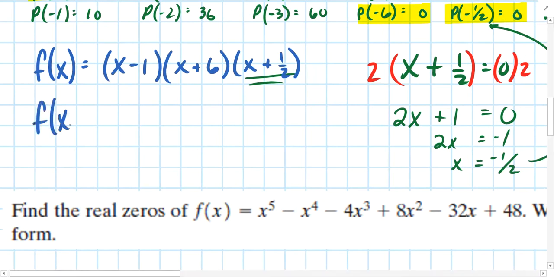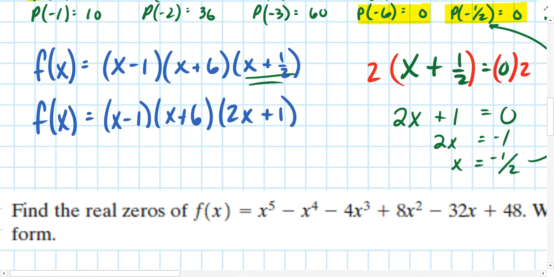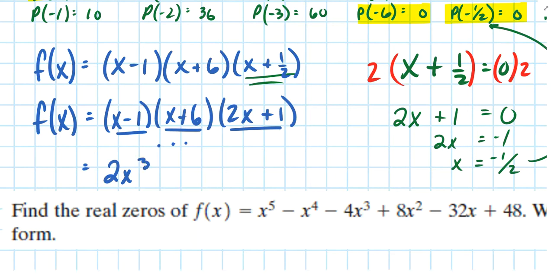By reporting our function this way, this x minus 1 and x plus 6 was fine, but now calling this last factor 2x plus 1, when we distribute these binomials or FOIL them back together, we will end up with the same 2x cubed plus 11x squared minus 7x minus 6 that we started with.